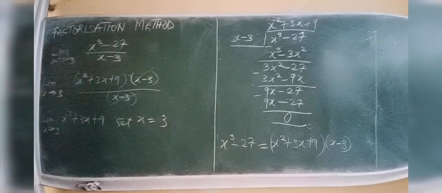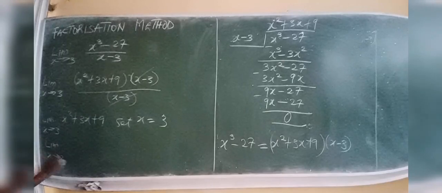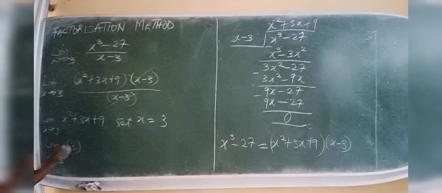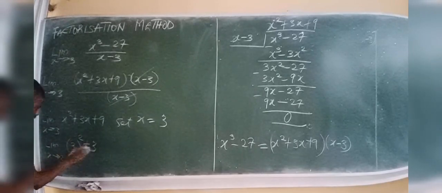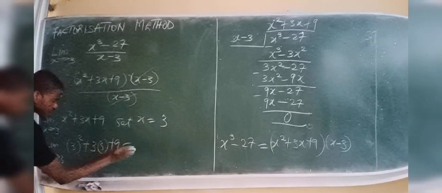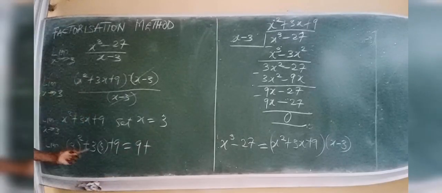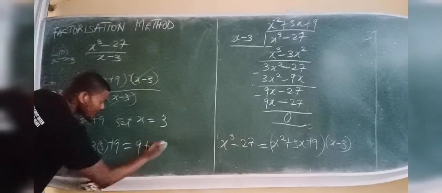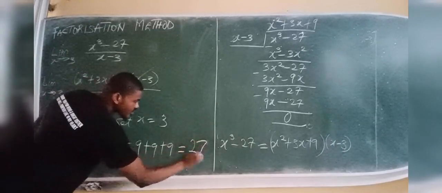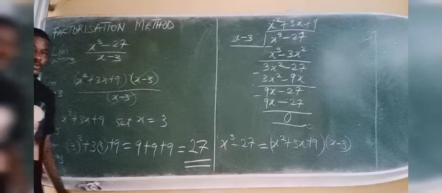In place of x squared there, we have 3 squared plus 3 times, in place of x here, we have 3, plus 9. And this is now equal to 3 squared is 9, plus 3 times 3 is also 9, plus 9 here, which actually gives us 27, and that becomes the answer to that question.